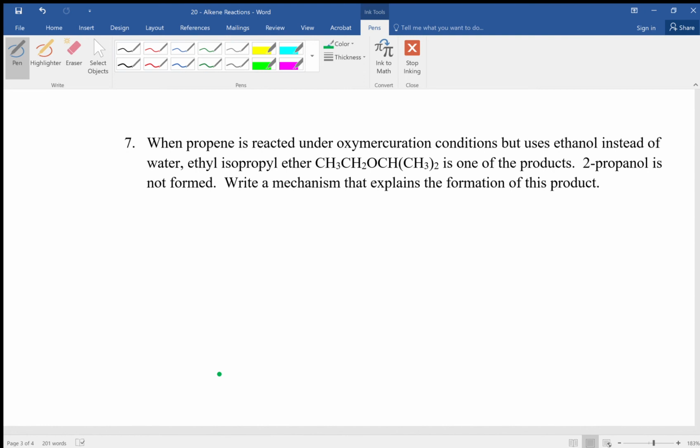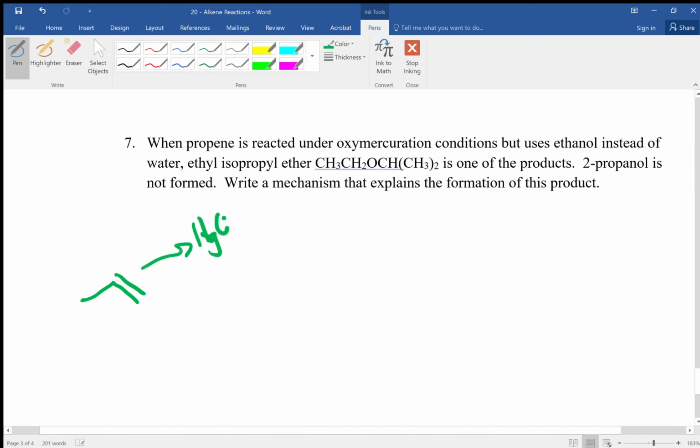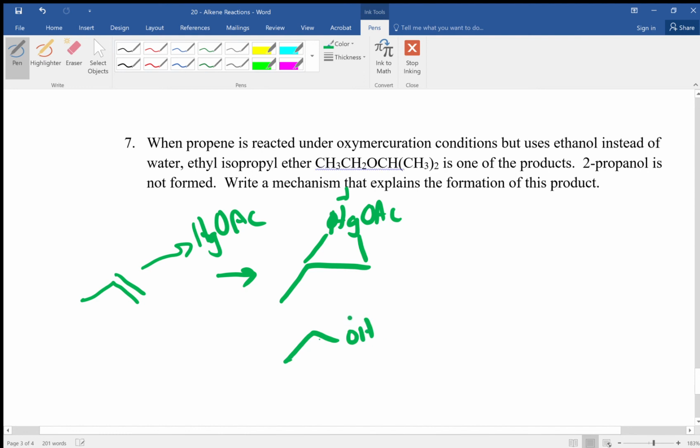And question 7 is really something we've already talked about in class, but we'll go over it quickly. If we try our oxymercuration reaction, but we have an alcohol present instead of water, we've seen previously that the water or the ethanol or whatever alcohol is present will attack instead.